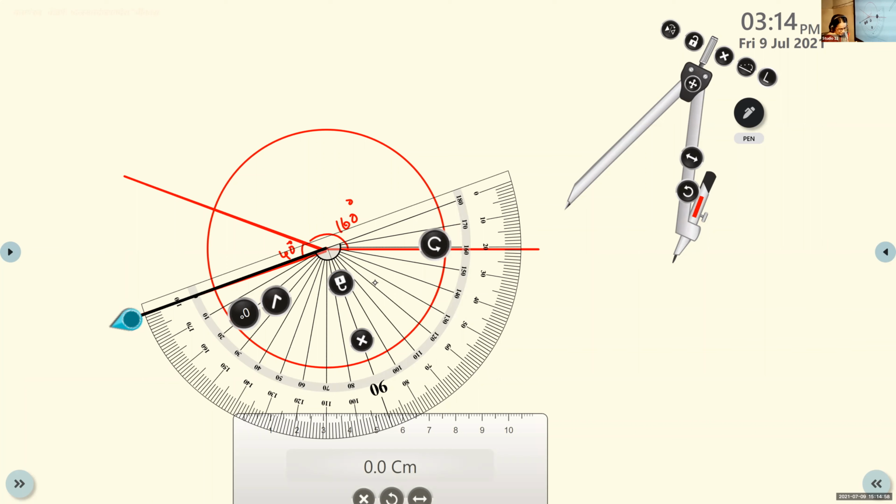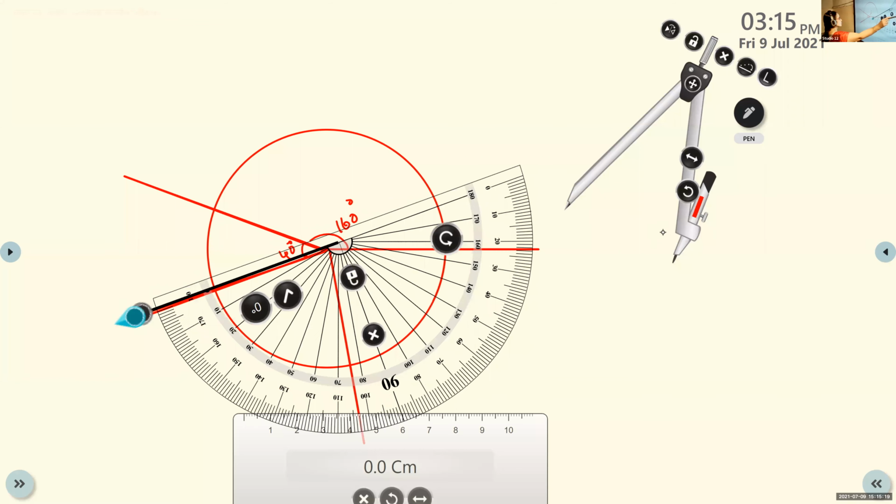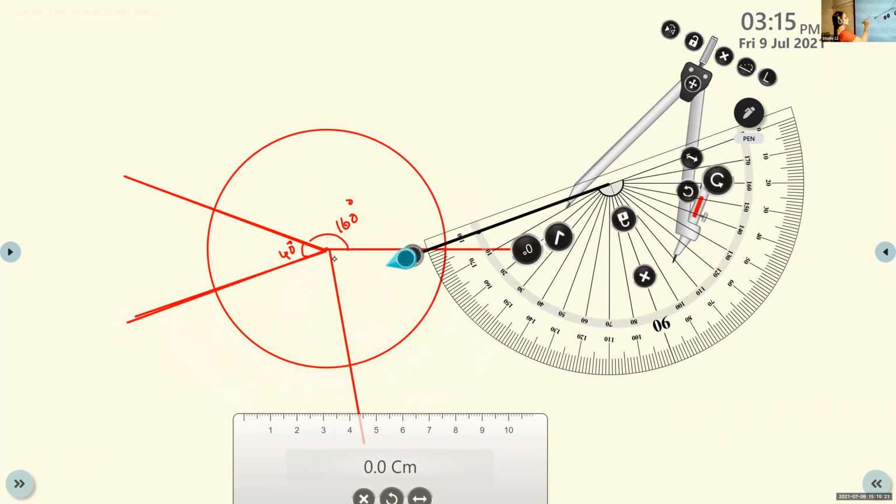And the third angle, that's for cake, it is 80 degree. So 0, 10, 20, 30, 40, 50, 60, 70, 80. Draw that. This is 80 degree.